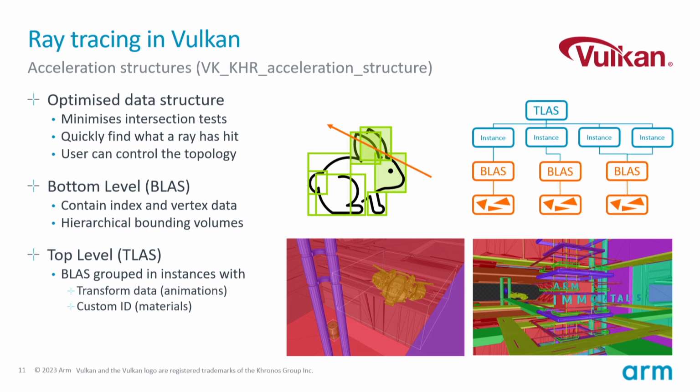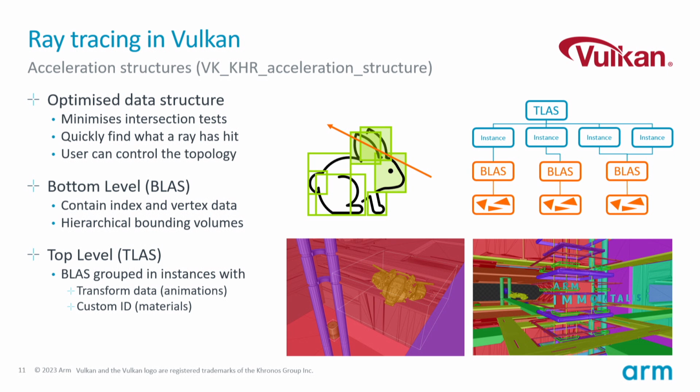For example, note that we can efficiently have two copies of the same model using the same bottom-level structure, as we do with the flying drones in our demo. So now we have an acceleration structure to define our scene.